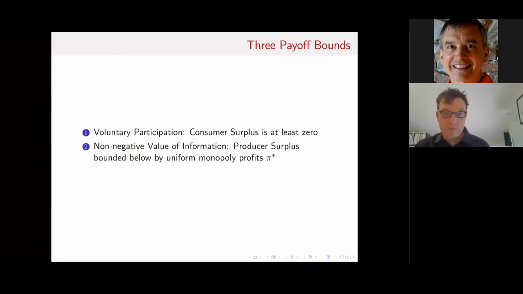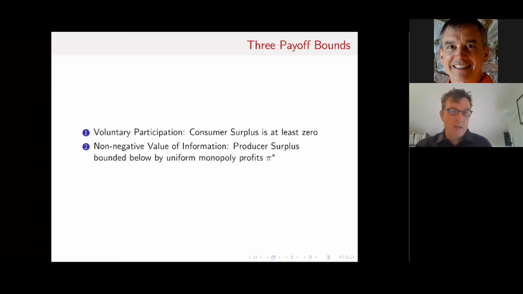The second bound is what I may refer to as non-negative value of information. If the producer gets any information about how his consumers look like, that is, whether they're students, whether they're employees, whether they're retirees, he can use that information in his pricing, but he could always disregard it.